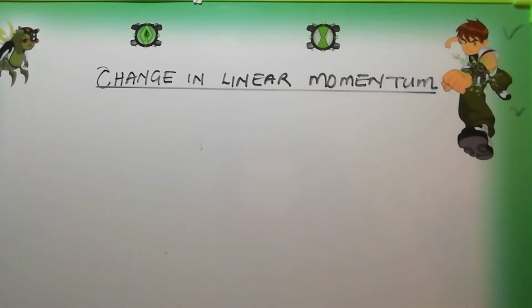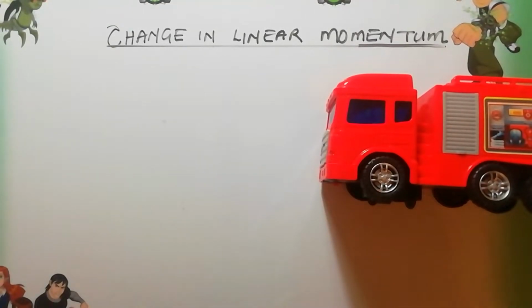Newton's second law explains how this force from Newton's first law is related to mass and the acceleration. What is the relationship between change in linear momentum and Newton's second law?